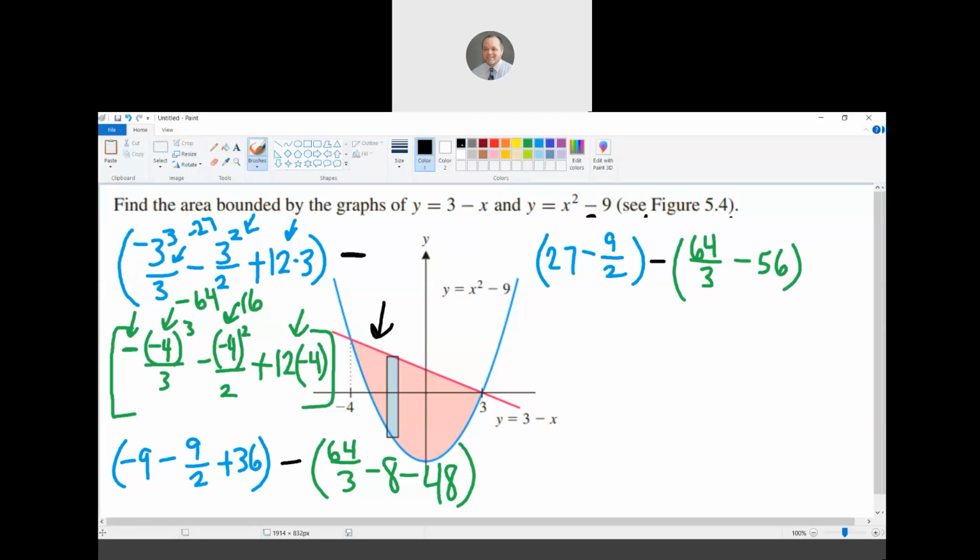Now let's go ahead and distribute that minus sign in the middle and bring down everything else. So that would be minus 64 over 3 plus 56. 27 plus 56 is 83.